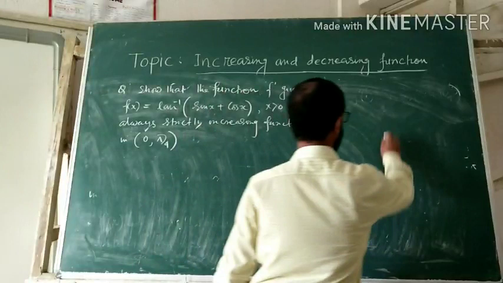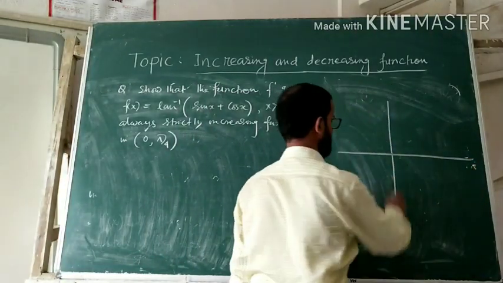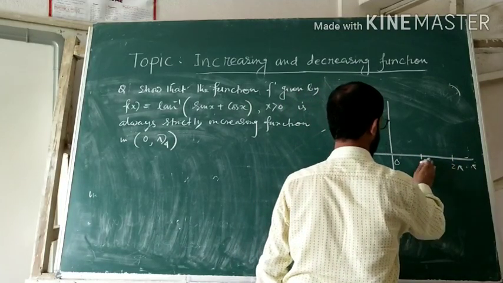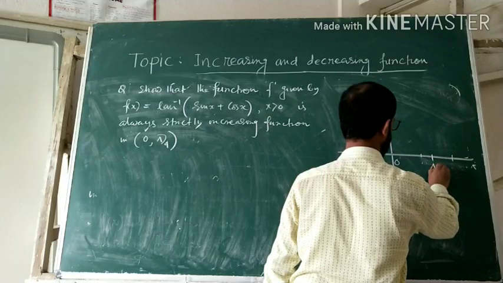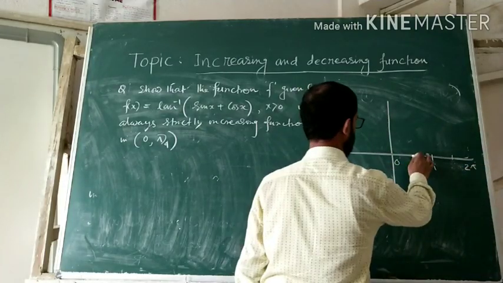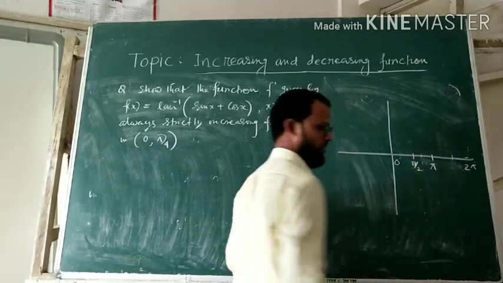First we draw a particular thing that is required in this problem. The sine graph: this is 0, this is pi, this is 2pi, and within this is pi/2.